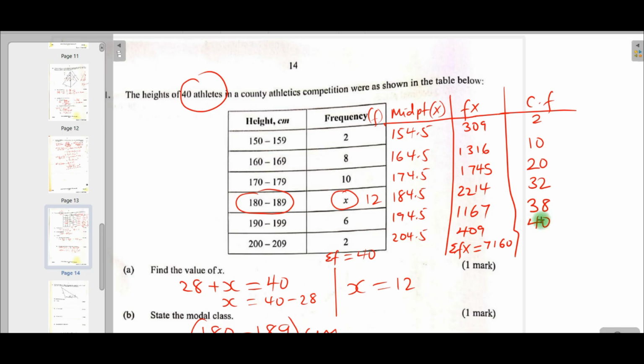So the median class, which is the 20th mark, is at this point. So this is the median class. And therefore, let us identify those.